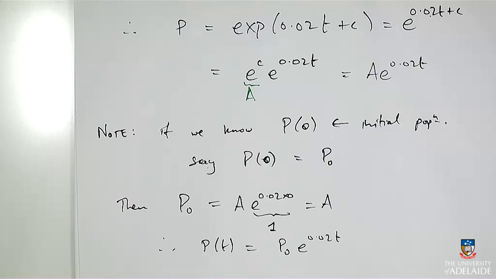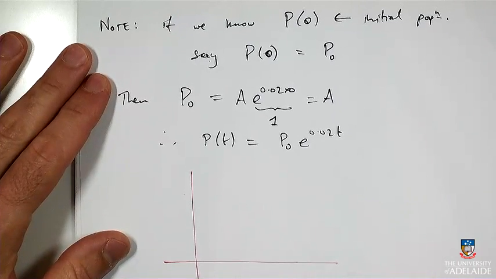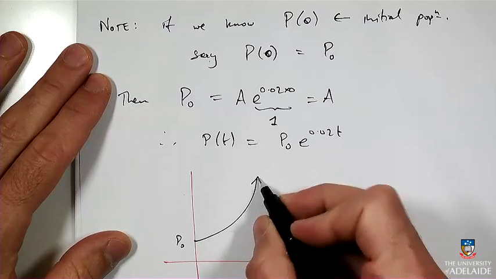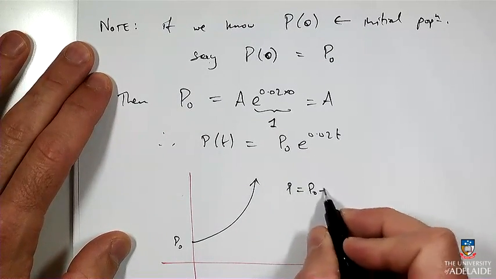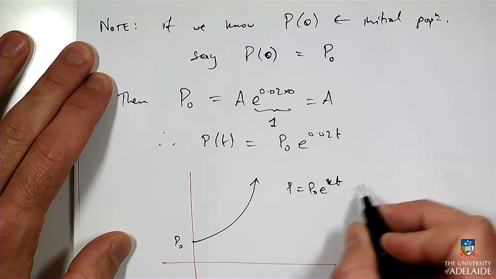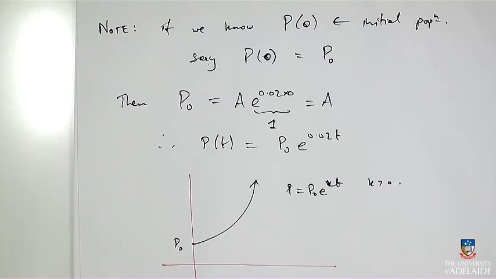So you can see the problem with this model, of course, is that here is a picture of the solution, right? Here's the initial population here, and it looks like this. This is P equals P naught e to the something times t, where k is positive. And it's just going to keep going up and up and up like that, which is problematic, to say the least.